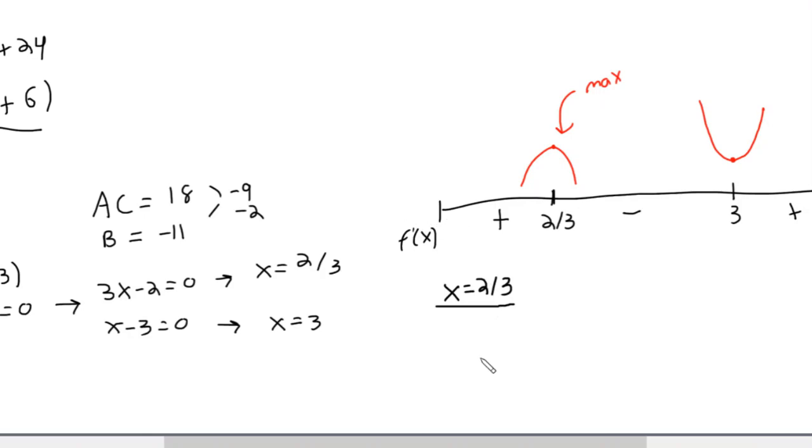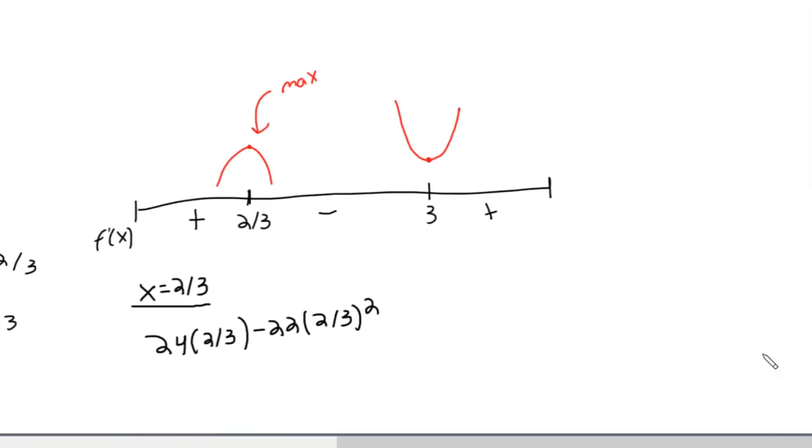Okay, so 24 times 2/3 minus 22 times 2/3 squared. Sorry, I'm really stretching for room right here. Plus 4 times 2/3, sorry, that should be cubed right there.